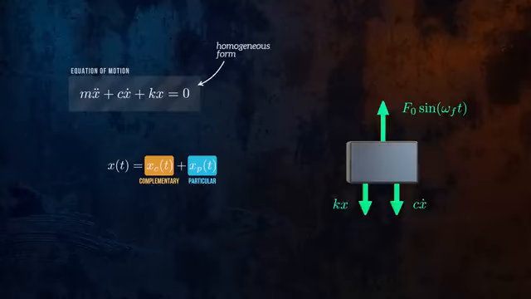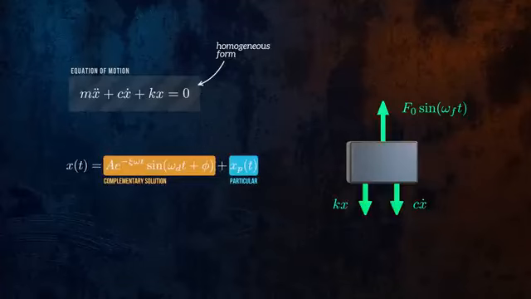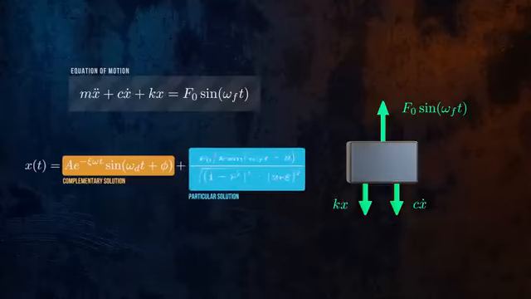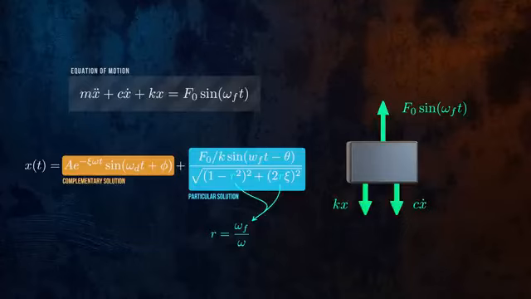This is just the solution to the equation of motion for an underdamped system in free vibration that we saw earlier. And the particular solution captures the effect of the external loads and is given by this expression. R is the ratio of the frequency of the external force to the natural frequency of the model.